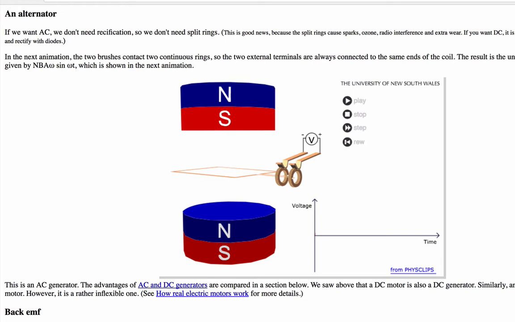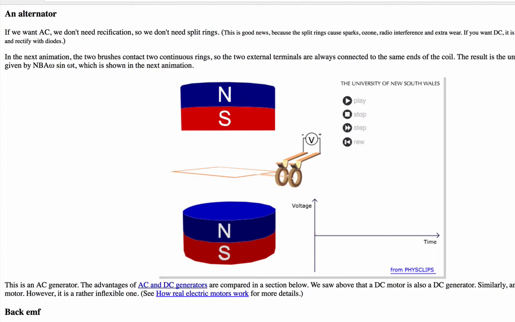energy. And it doesn't show what is providing that, but we assume that there is something providing the mechanical energy to turn the loop. That is the input energy for this generator, and then the voltage that is getting measured across the two rings is the output of this generator.